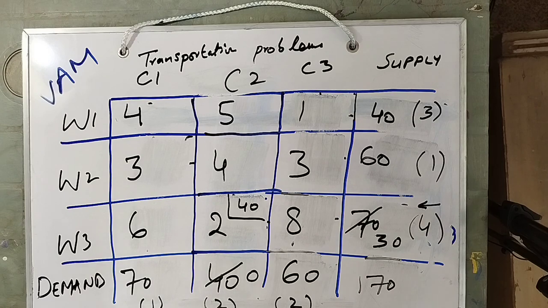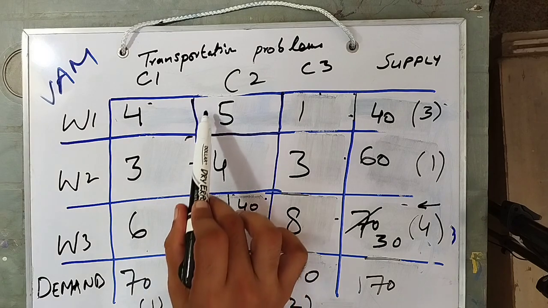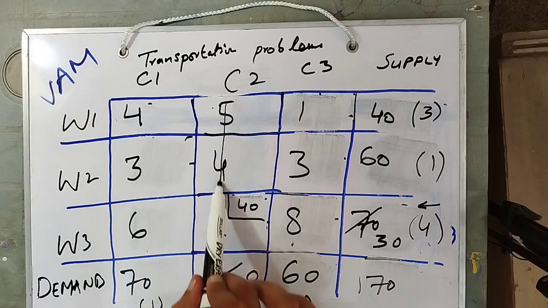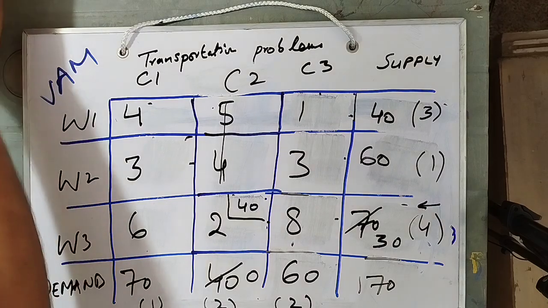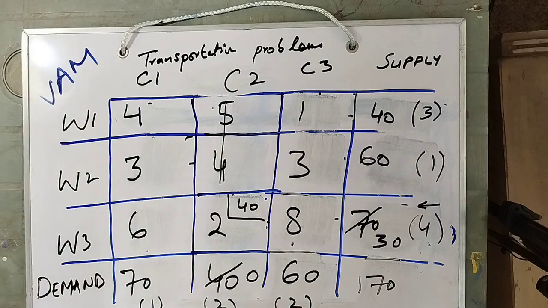Since this cell is allocated, there will be no supply to customer 2 over here. So we will not be supplying, so we have cut this. Why have we cut this? Why not this?